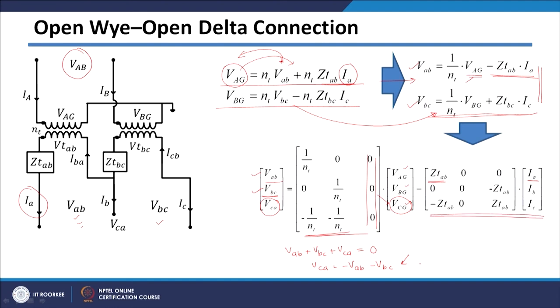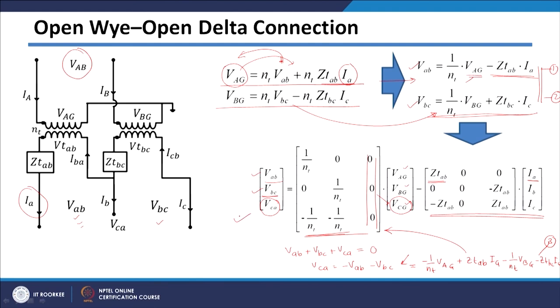So if I add these 2 quantities, it will be minus 1 divided by NT into VAG plus ZTAB into IA, minus 1 divided by NT into VBG minus ZTBC into IC. So this third equation which I am writing here is coming from this term. So these 1, 2 and this third equation, if I put into matrix form, I will get this one.